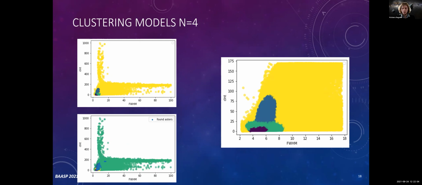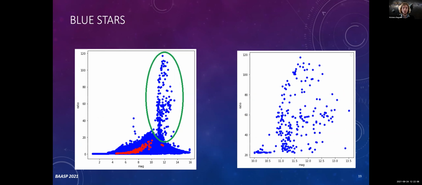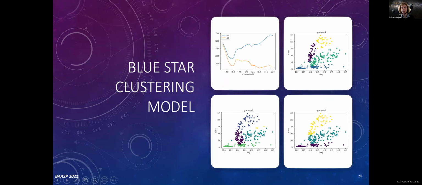So this didn't work. So I tried to explore other interesting regions. For example, in this magnitude ratio graph, there's a very interesting region with high ratio objects. So I made a clustering model for them. And it's interesting that there are 4 groups.